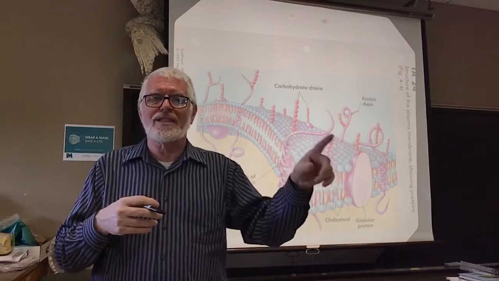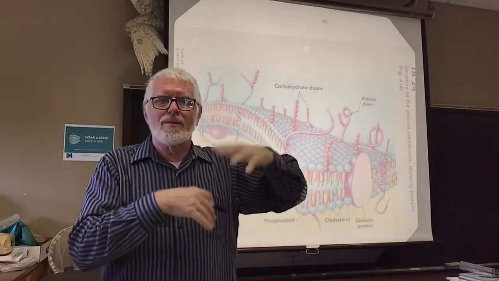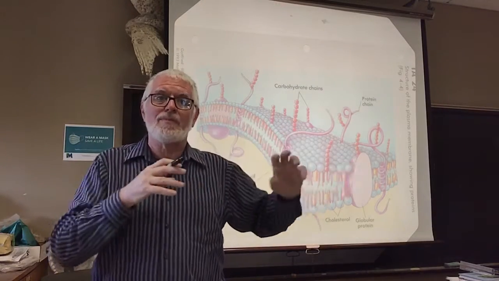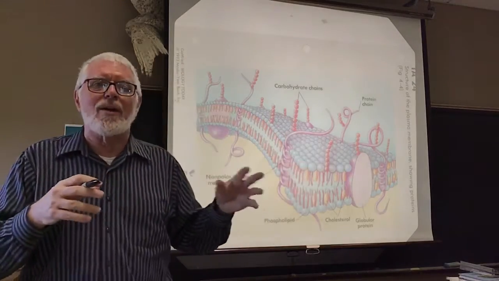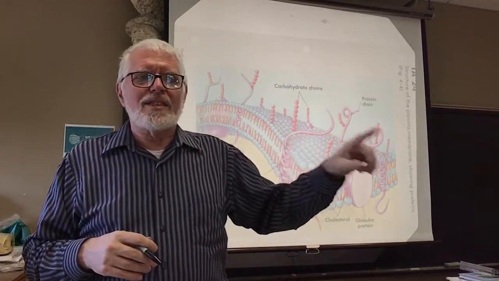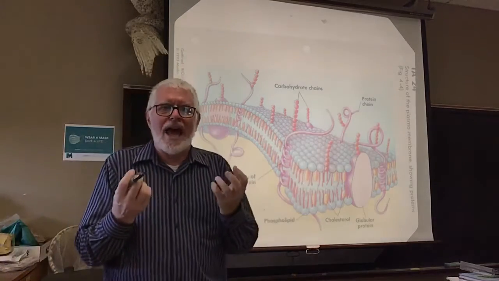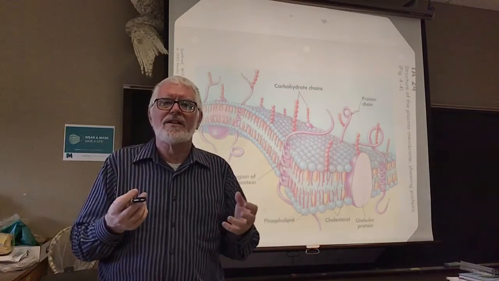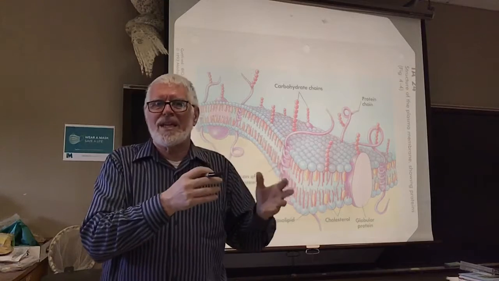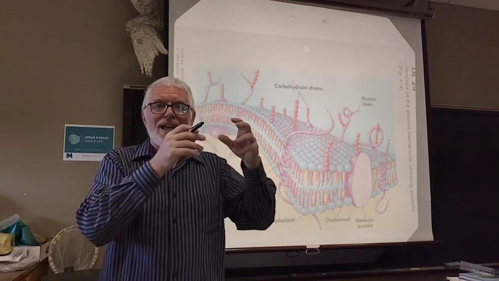These molecules don't need to stay attached to one another. The effect of the water tends to keep them in the layer, and so they tend to float around. These things embedded in them also can float with them, but a lot of times they're held down by things inside the cell, because you may need the protein in a particular place doing a particular thing on the membrane.